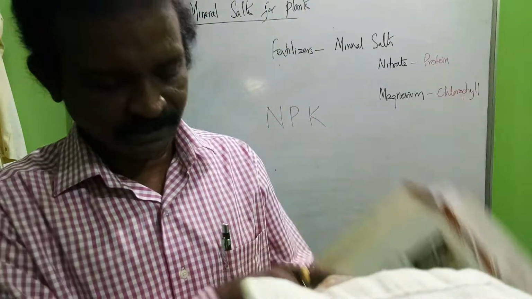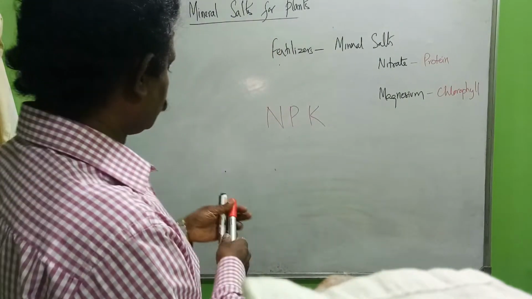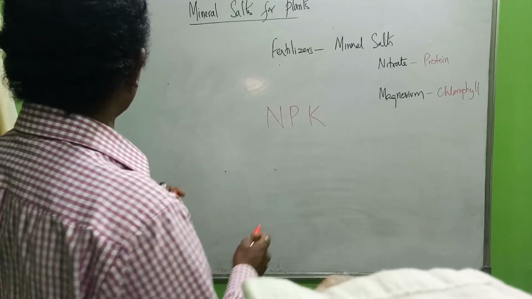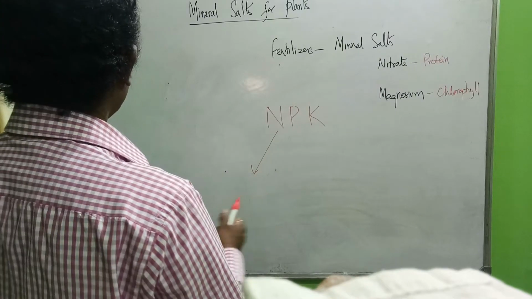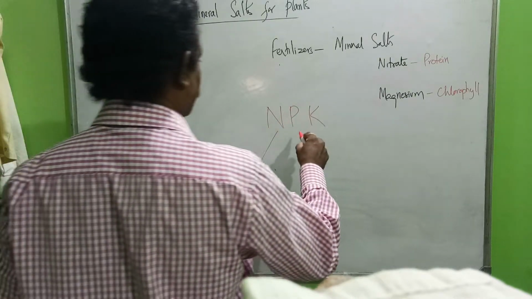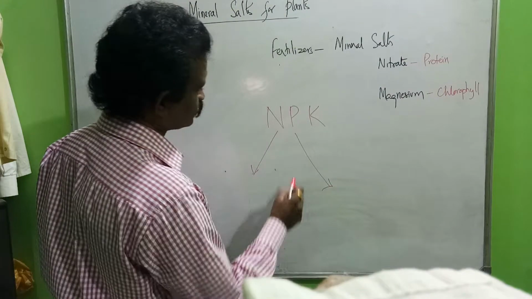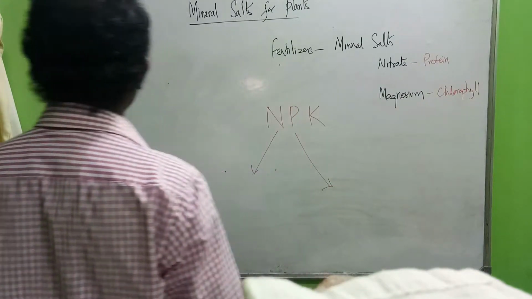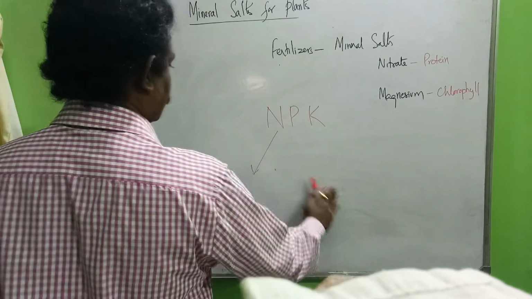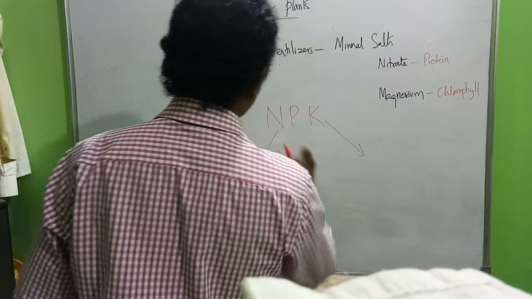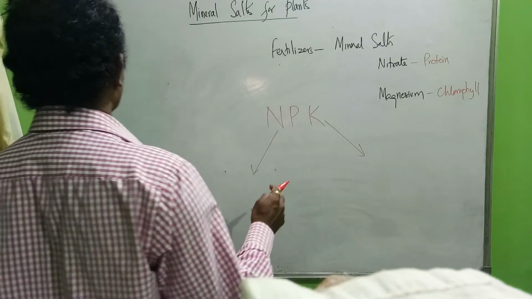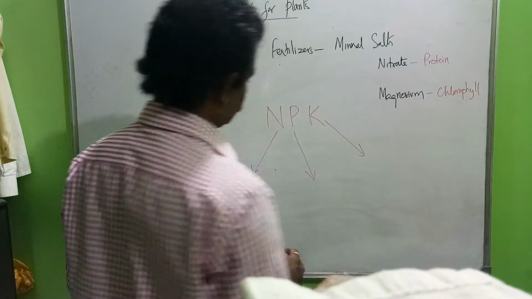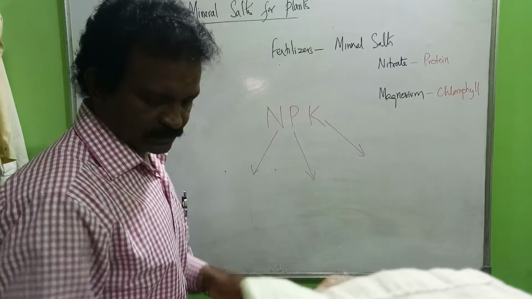If I want to grow leafy vegetables, nitrogen is very important. For apple and tomato, potassium, K, is required. For root crops, phosphorus is needed. These are the things you have to remember.